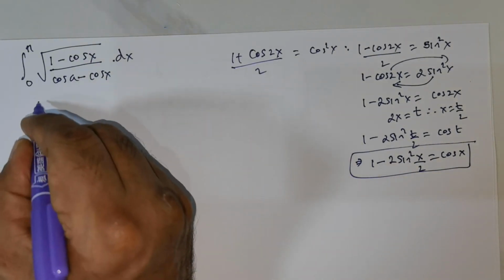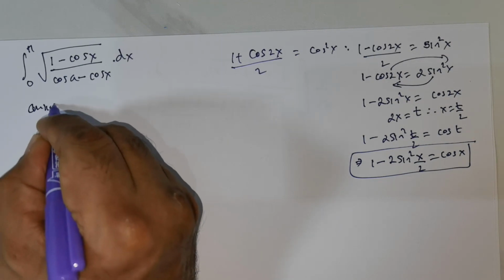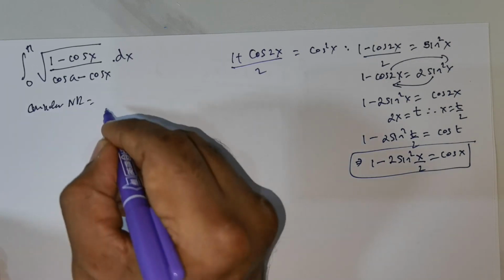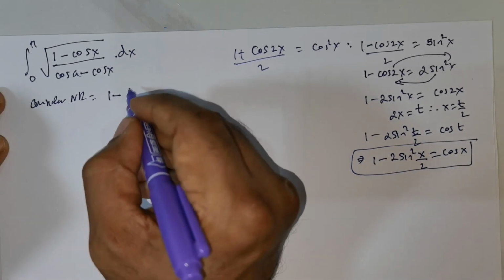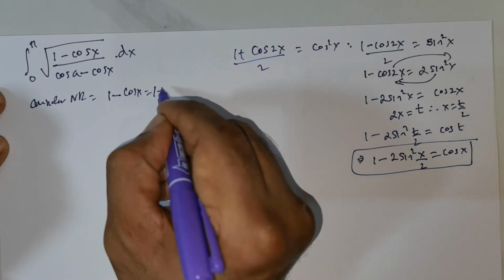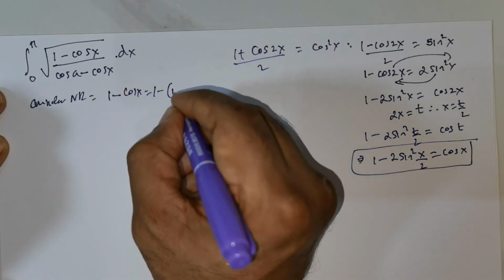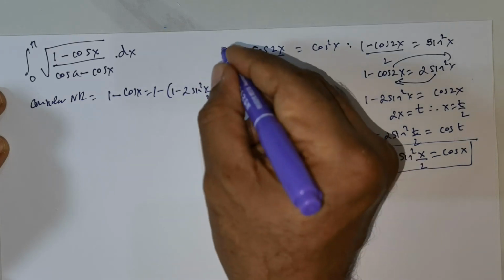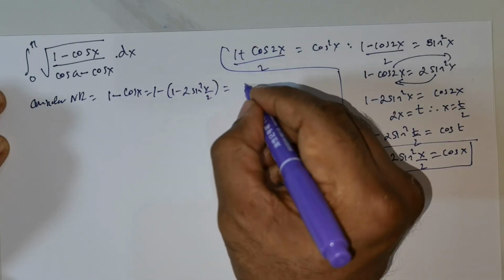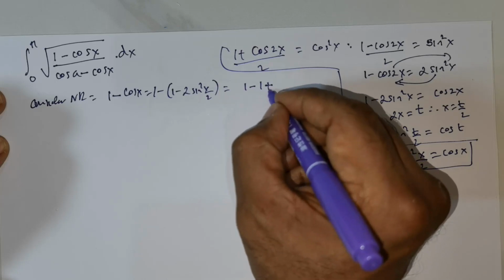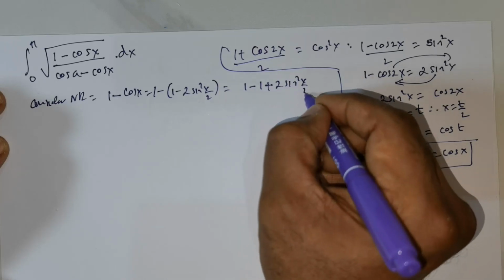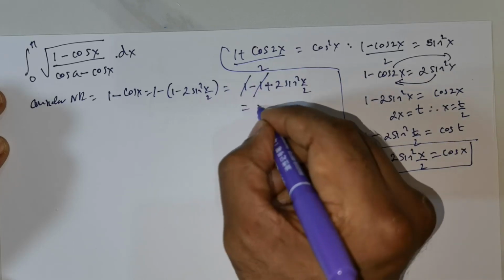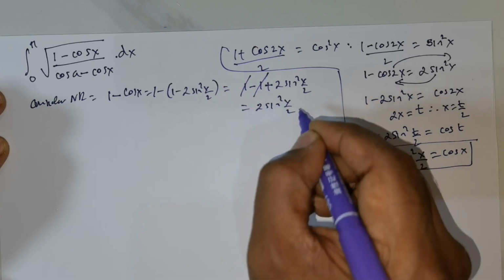So let me consider the numerator. The numerator is 1 - cos x. So in place of cos x, as I mentioned to you, I will be replacing 1 - 2 sin squared (x/2). Rewriting this gives us 1 - 1 + 2 sin squared (x/2). Negative 1 and positive 1 go off, giving me 2 times sin squared (x/2).